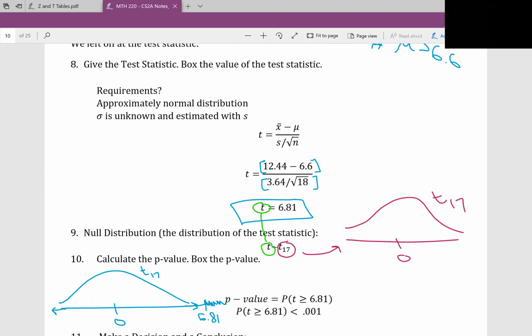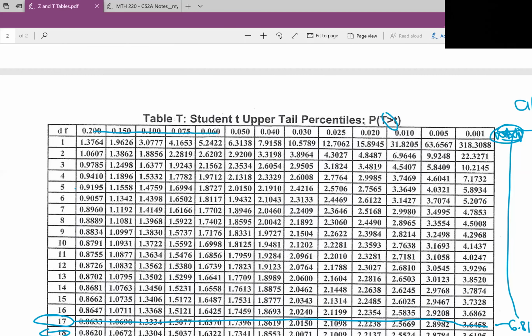Okay, if you would like a little bit more of an explanation for that, notice, let me erase some of this. The last value here is 3.6458. So 3.6458 is associated with 0.001. Let's see if I can remember all those numbers.